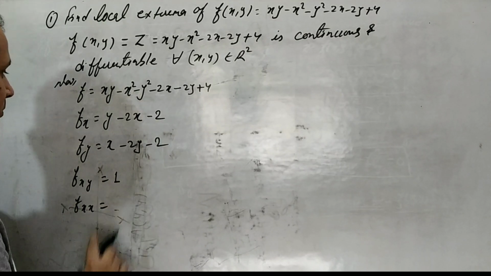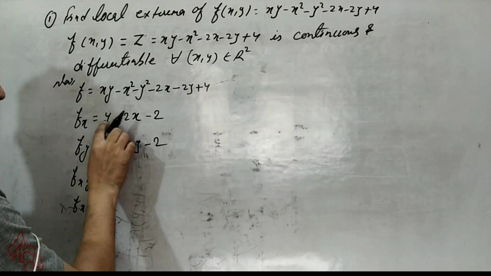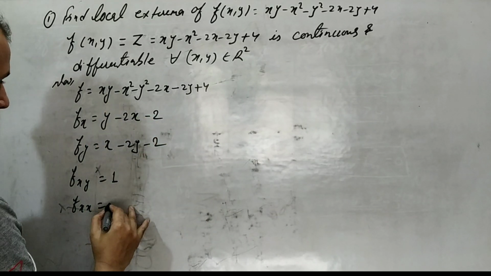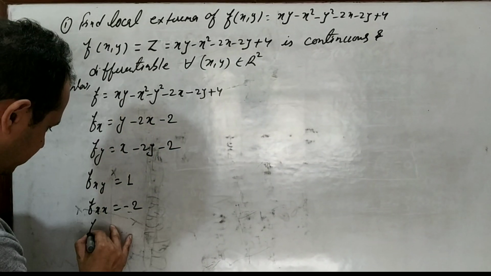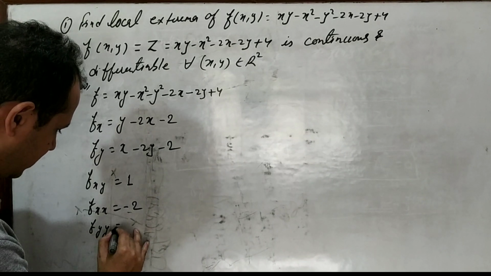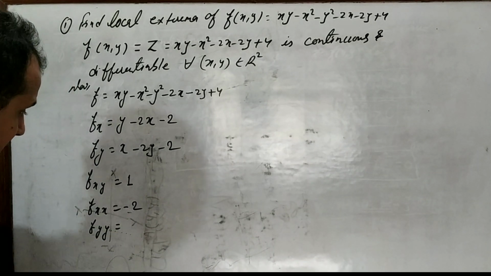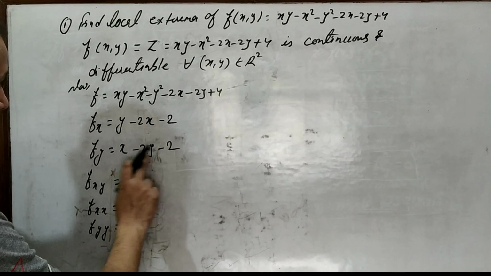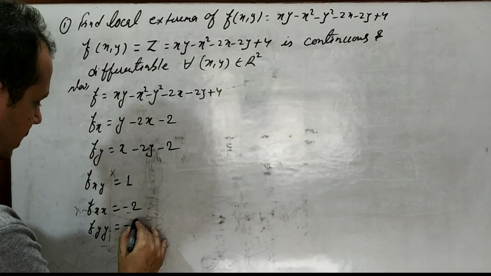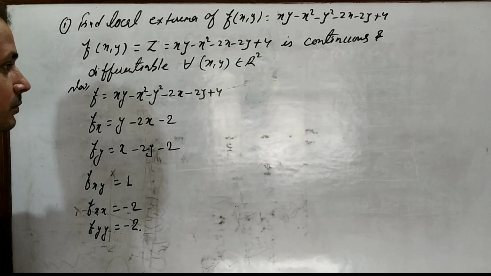And fxx: differentiate fx with respect to x, we get minus 2. Fyy is also needed. Differentiating fy with respect to y, again we get minus 2.